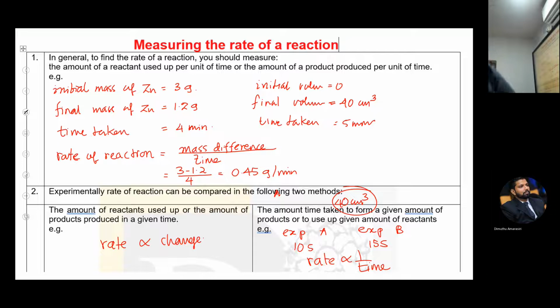Is the cake color more? June 31st. Yeah. June 31st. There is no June 31st on the calendar.